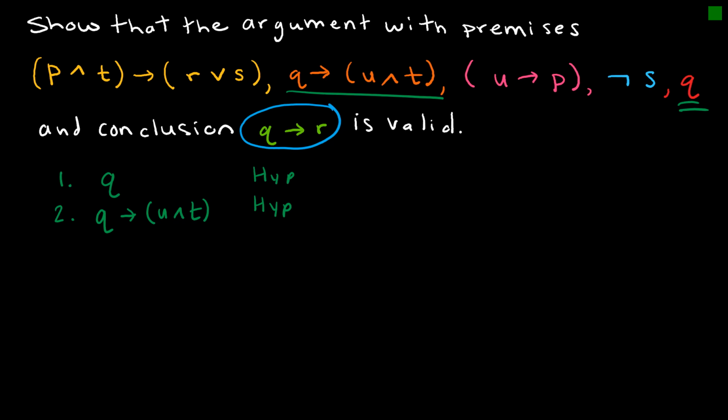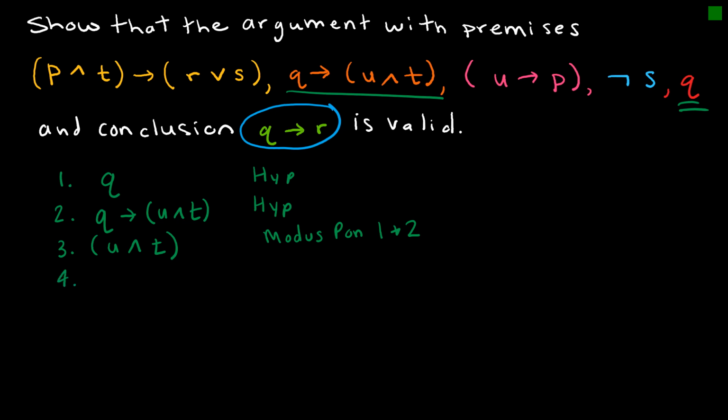Because of that, I can use modus ponens on 1 and 2, and I'm just writing it sort of abbreviated so I can fit it all on one screen, but modus ponens would then tell me that U and T is true.